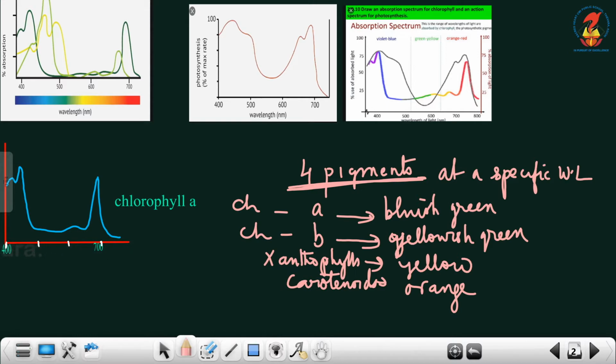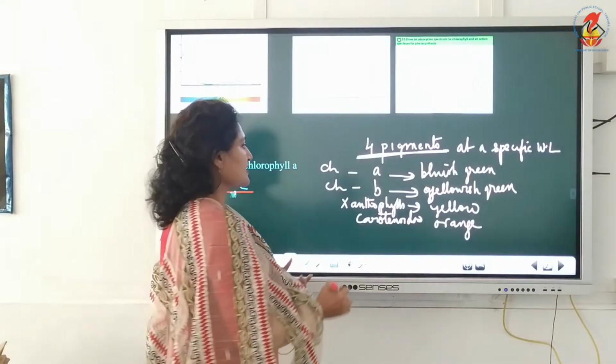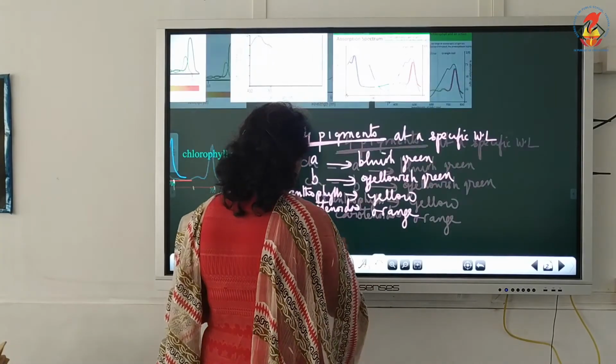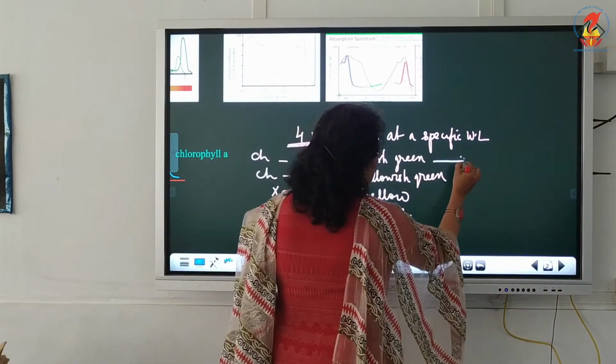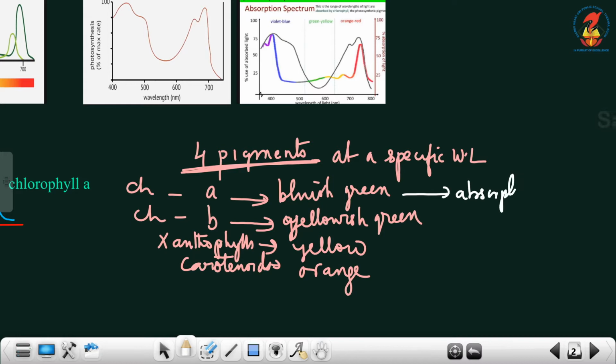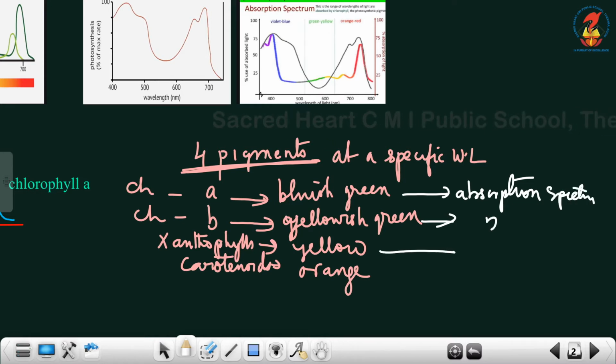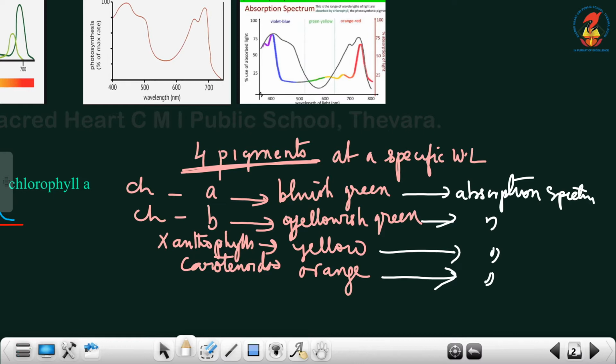Clear? Now, from different experiments, the absorption spectrum of each and every pigment was obtained. The absorption spectrum of chlorophyll A, of chlorophyll B, of xanthophylls, and of carotenoids were obtained, and they were plotted in a graph.